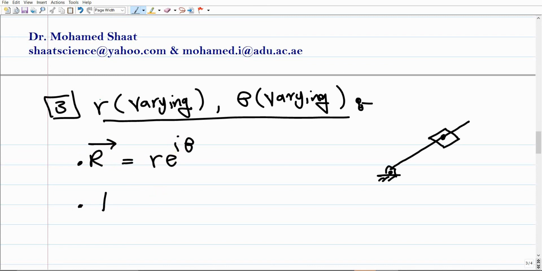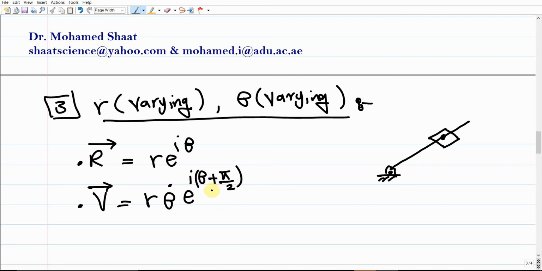Now let us figure out the velocity vector, v vector. We have the multiplication of two terms, both time dependent, right? So for the derivative, you fix the first term and take the derivative of the second, the exponential term. The derivative of the exponential term is multiplied by theta dot, and you add pi over 2 to this angle.